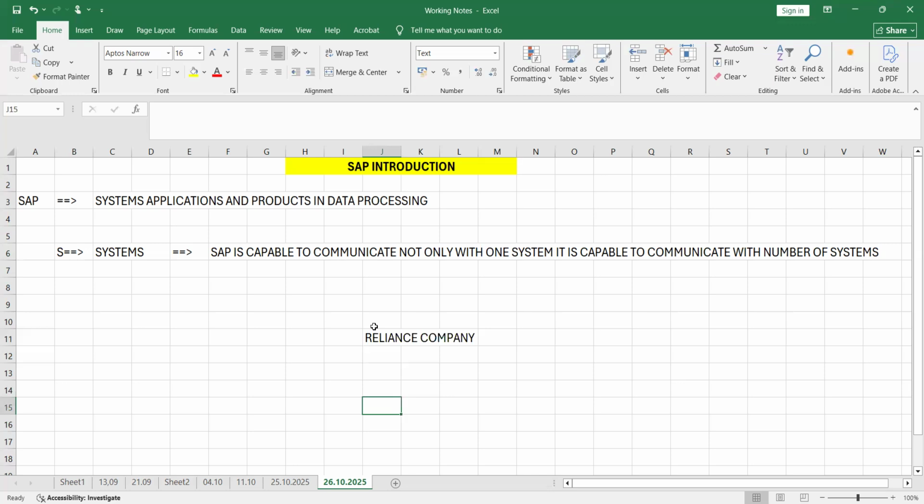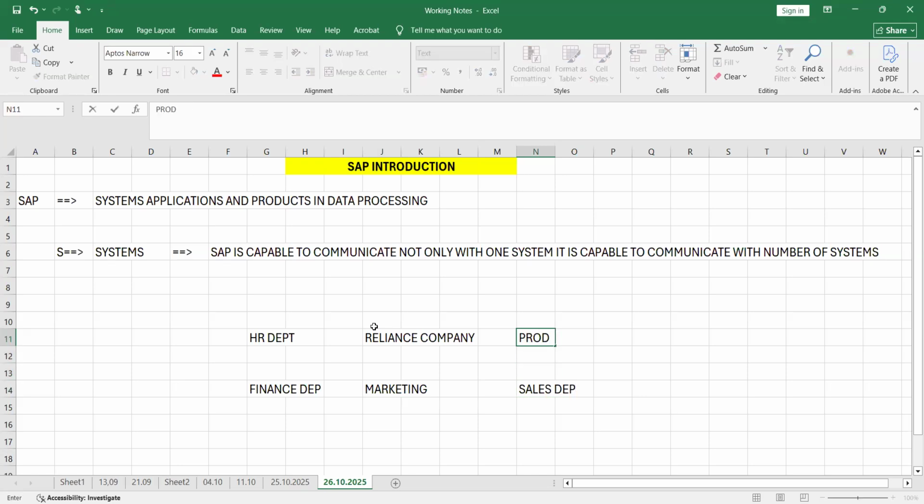For example, I have an HR department, a finance department, a marketing department, a sales department, a production department, and a tax department. So we have different departments.